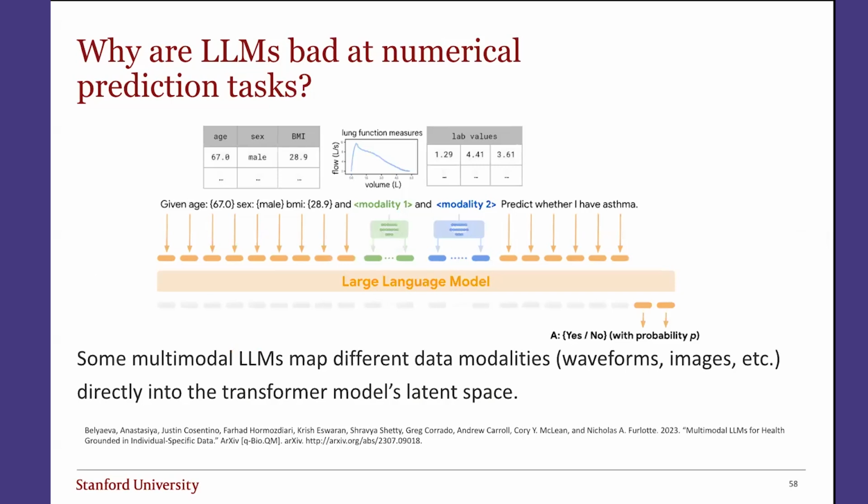If you look at some of the work that's being done out there with LLMs, especially with multimodal data, there's been an increasing number of research studies that have used LLMs that take different data modalities like waveforms, images, numbers on a continuous scale, like age, BMI, lab values, and they have a separate encoder that directly maps these data modalities into the language model's latent space, so essentially bypassing the tokenization step, which might be an unnecessary bottleneck for some of these data modalities.